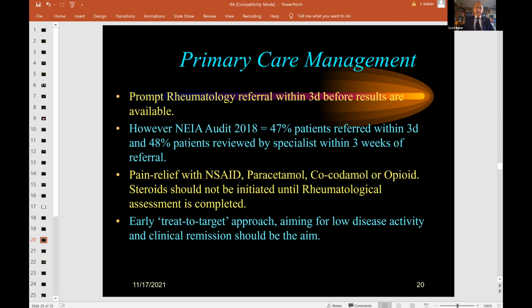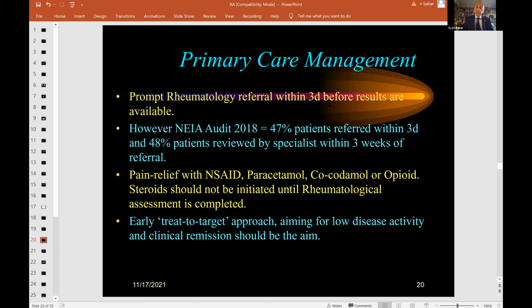So how does one treat rheumatoid arthritis? In the primary care, as soon as a clinical diagnosis of rheumatoid arthritis is made, the patient should be immediately referred to the rheumatologist. The guidelines suggest that the primary care physician should refer within 3 days.